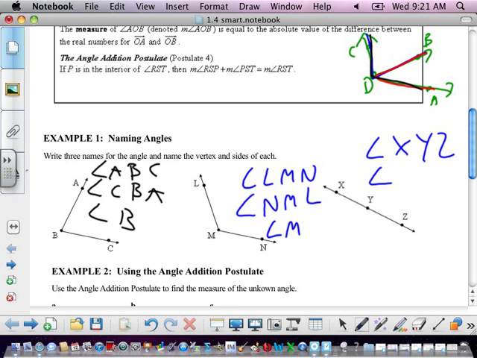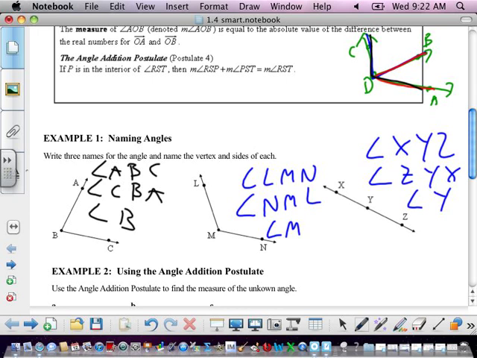Yes, Zayla. ZYX. And somebody want to give me the last one? Let's say it together. Y. Now, you can only use the one letter if it's the only angle up there. Is that clear? So if there are no points X and Z, you just use angle Y.